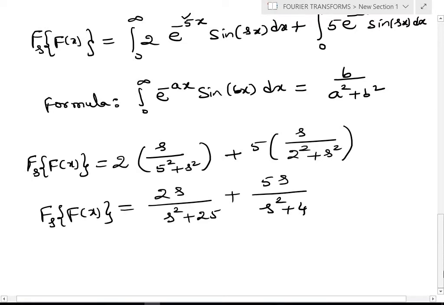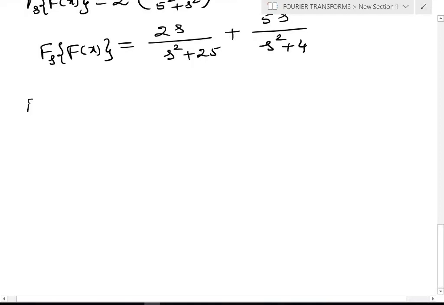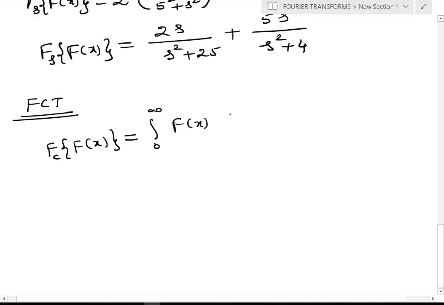Next, what we need to determine is the Fourier cosine transformation. The Fourier cosine transformation of the function f of x will be defined as the integral from 0 to infinity of f of x cos of sx dx.